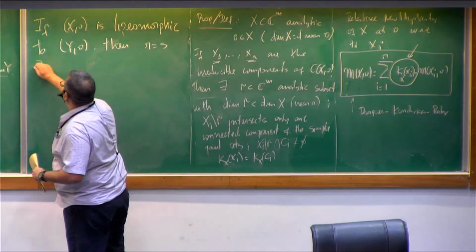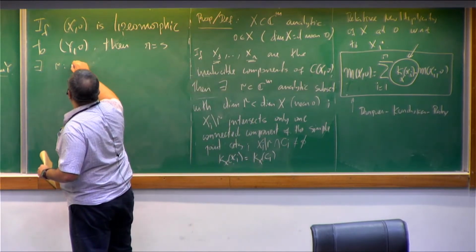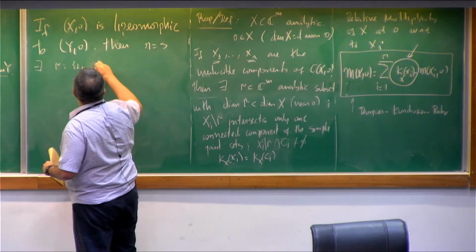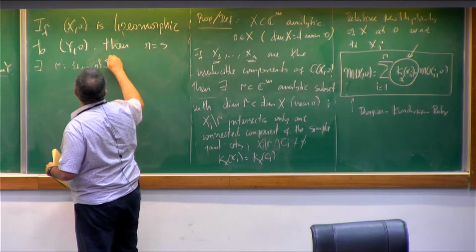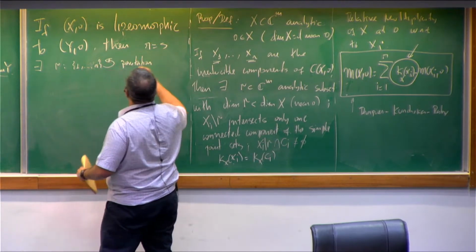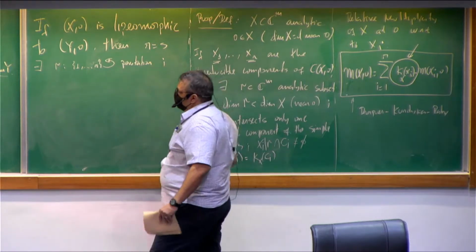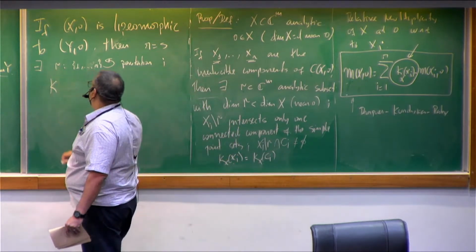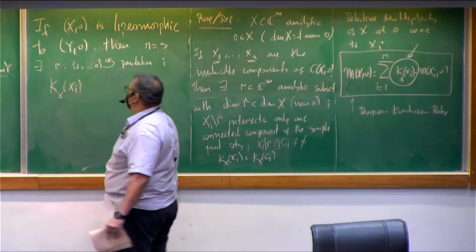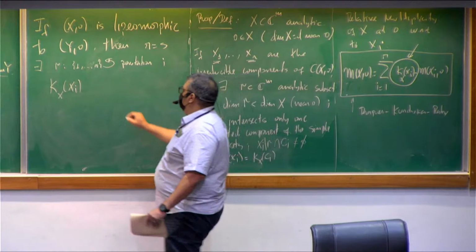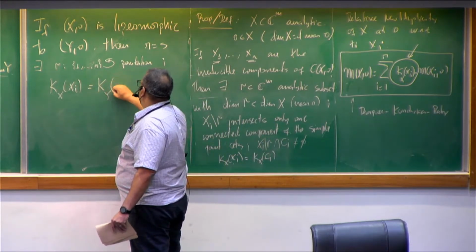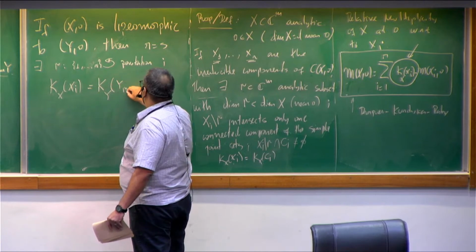There exists a bijection, a permutation sigma, such that the relative multiplicity of X in X_i is equal to the relative multiplicity of Y in Y_sigma(i).